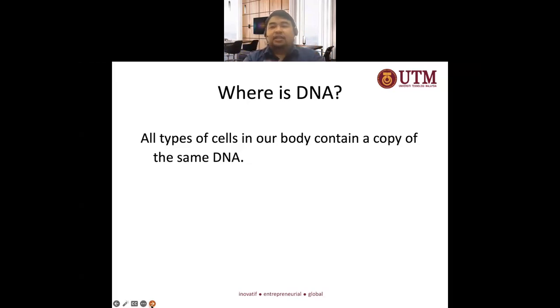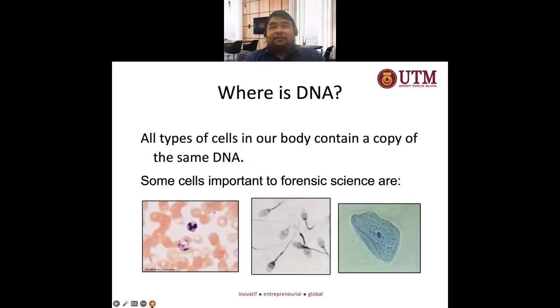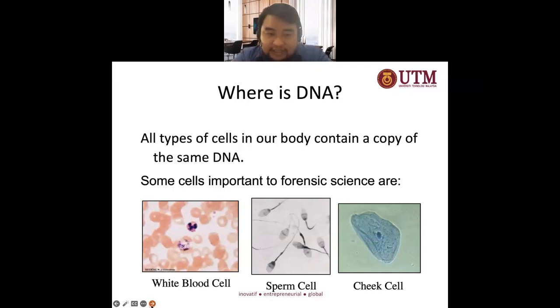Our skin cells, our hair cells, all our tissues, our organs, all of the cells have the same composition of DNA. Therefore, based on this, we can deduce which cells are important in forensic science. Inside forensic science, white blood cells are very important, sperm cells are important, and cheek cells are very important because all of these cells contain genetic information.